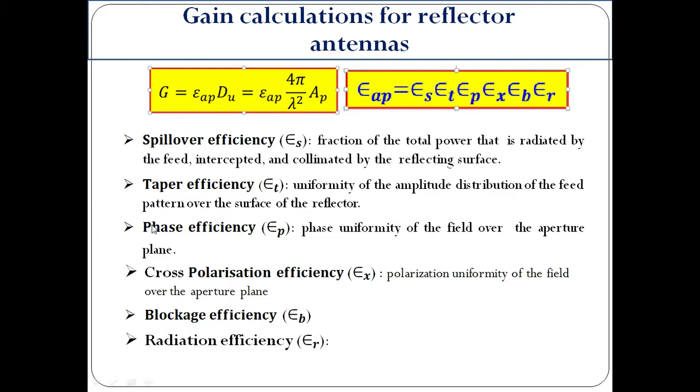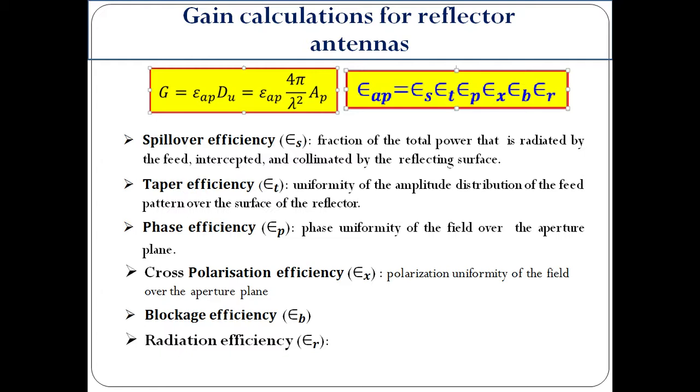What is phase efficiency? If there is no error due to polarization purity, then that results in a larger value of phase efficiency. It is nothing but the phase uniformity of the field over the aperture plane. A good feed should have a low cross polarization value, less than minus 30 dB.